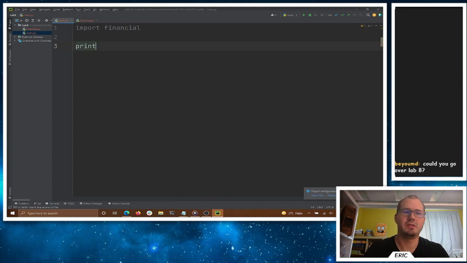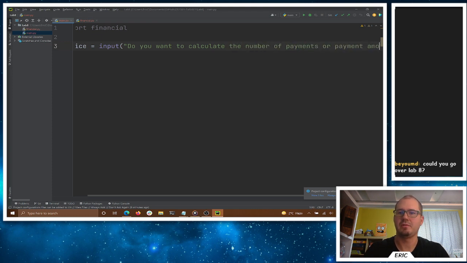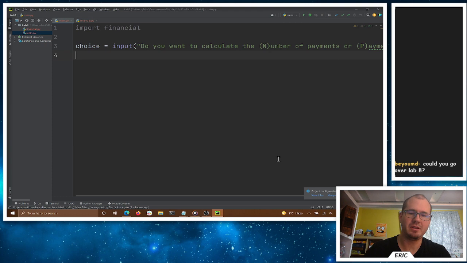We'll just print. I guess we'll get their choice here. An input of you want to calculate the number of payments or payment amount, and then maybe n for number of payments or p for payment amount or something. Some sort of visual cue to tell them what we want them to enter.